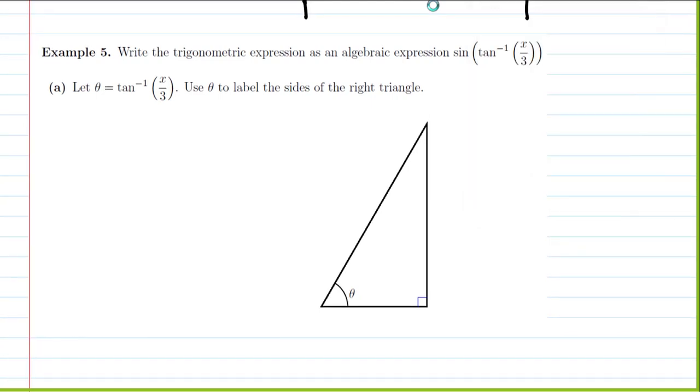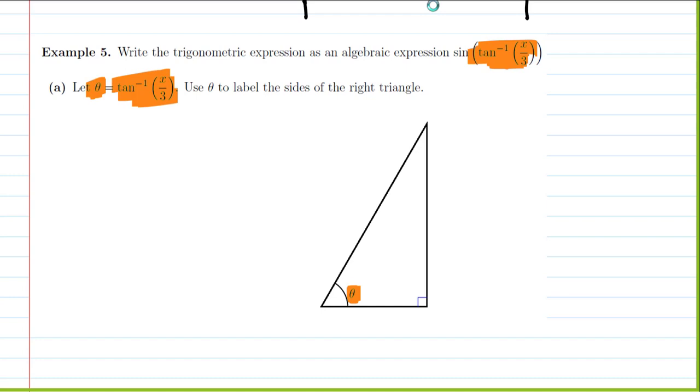So we are going to let theta be this angle right here. So if that's the case, if that's an angle, then tangent of the inverse tangent of that is an angle.